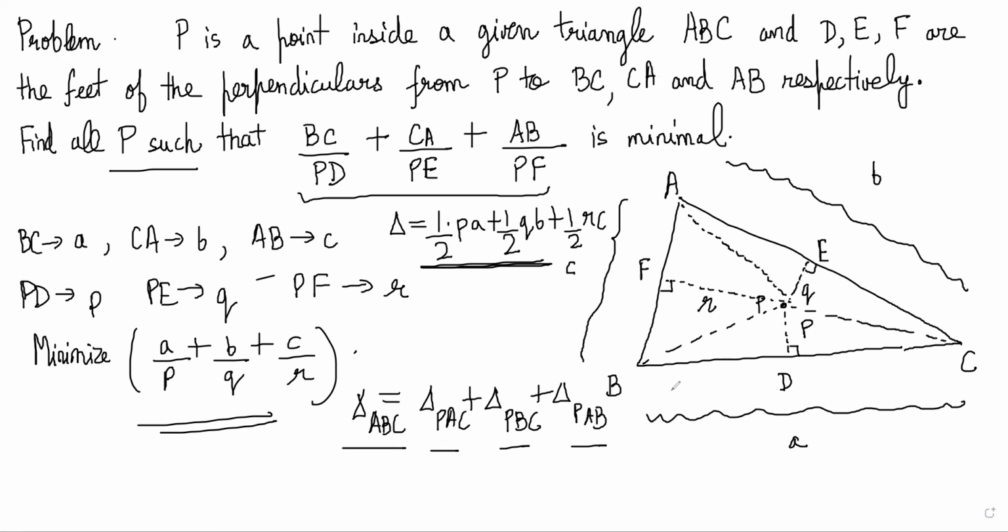How are we getting that? Because the base of the triangle is A and the perpendicular is P. This is a perpendicular Q and the base is B, and so on for perpendicular R and base C. So I'll say the area of the overall triangle is half PA plus half QB plus half RC, right?